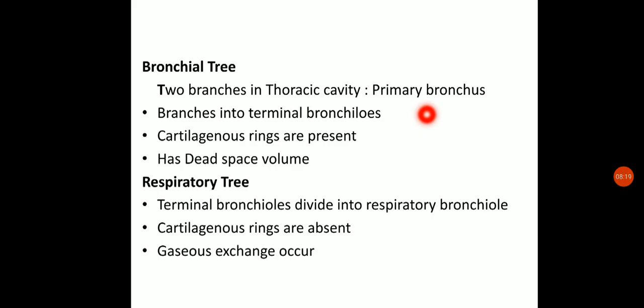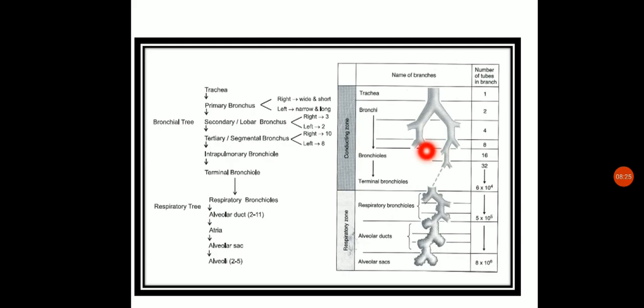The branches from the primary bronchus up to the terminal bronchioles make up the bronchial tree. Here we can see the branches: these are the bronchial tree and these are the respiratory tree.